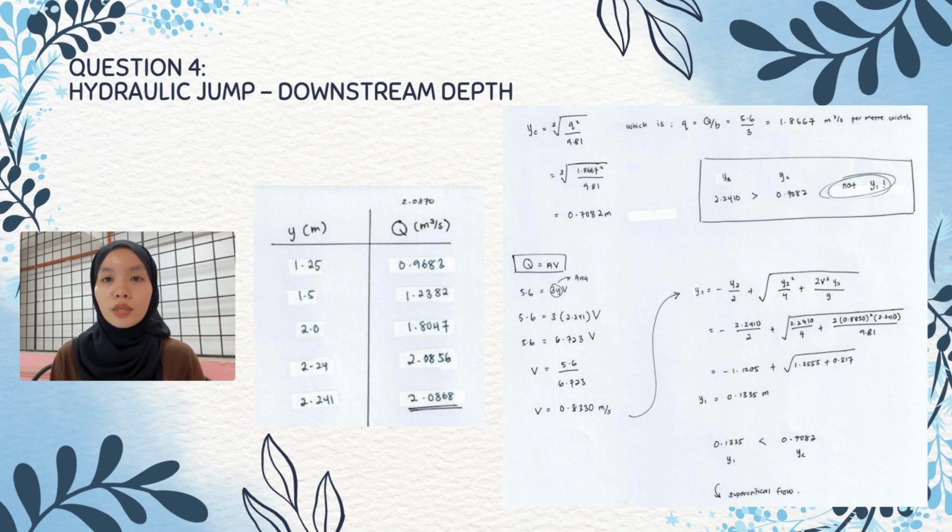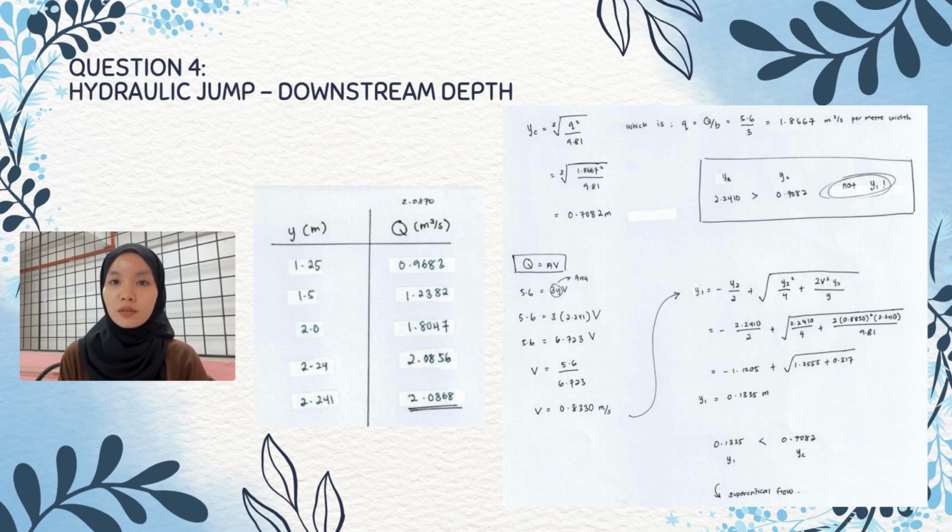So we can get the velocity by using the Q equals area times velocity formula. Then we plot all the velocity and y2 values using the y value that we got just now, and the final answer will be 0.1335 meter. So it shows the value is smaller than yc, so that's how we determined the y1 value.